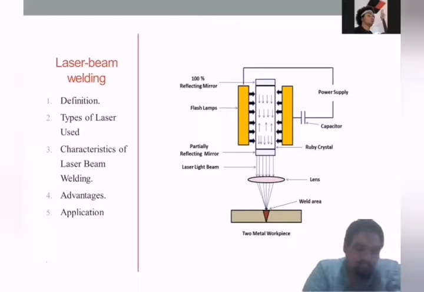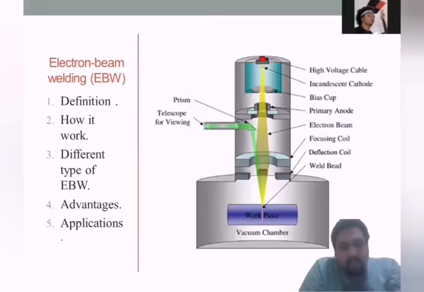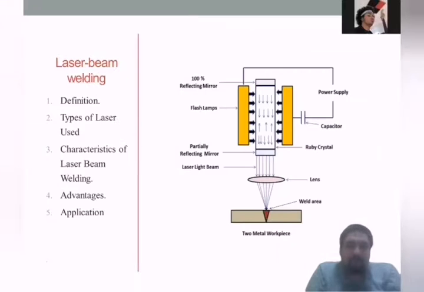It is used in areas where a large volume of production is required. It has several advantages over electron beam welding, mainly the fact that it does not require a vacuum.